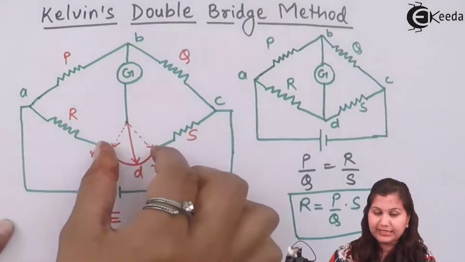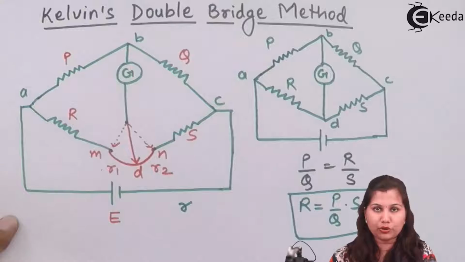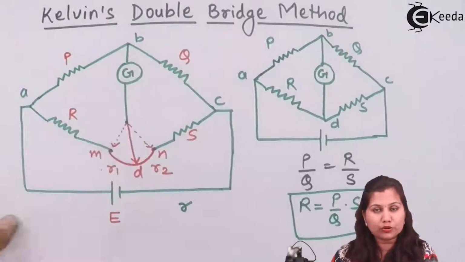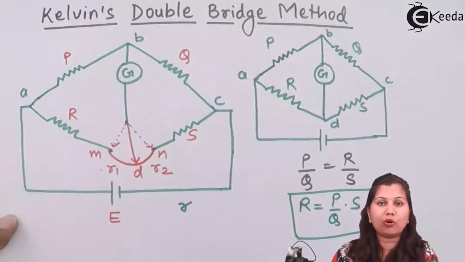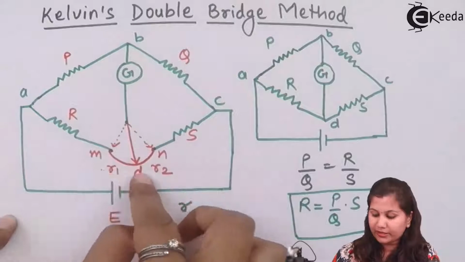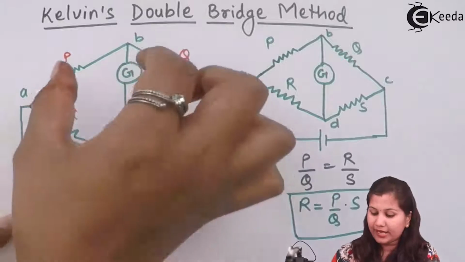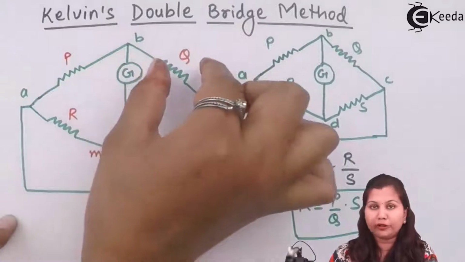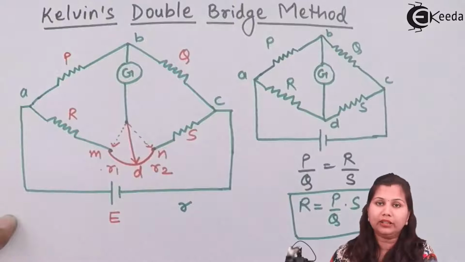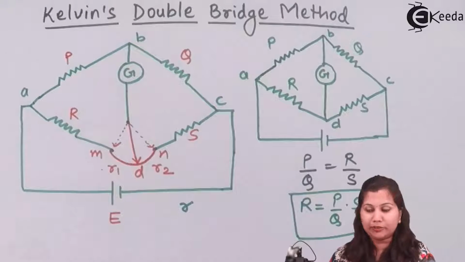Instead of this connecting lead, we are using another set of ratio arms, that is, instead of P by Q, we are also using another set which is small p by small q, such that the ratio of capital P upon Q and the ratio of small p upon small q is equal. Okay, so let us study the Kelvin double bridge method.